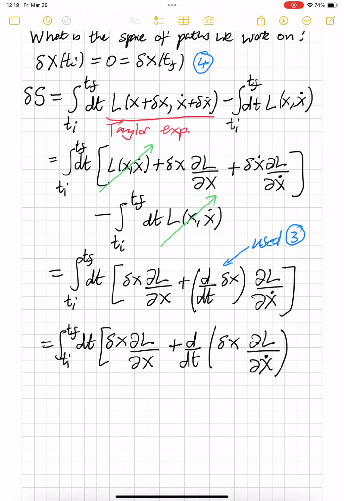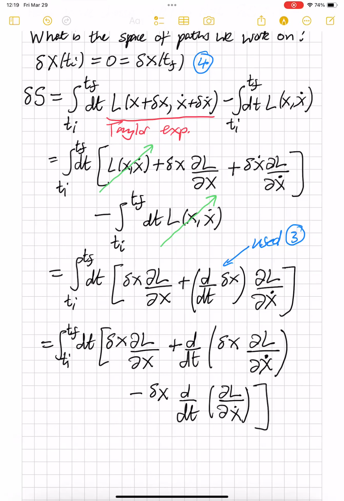And that's not correct, because d by dt acts on delta x. Good, that gives me a term on the previous line. But I'm also going to have a term where d by dt acts on dL/dx dot. That should not be there. So let me subtract it out. So I'll say minus delta x d by dt of dL/dx dot.